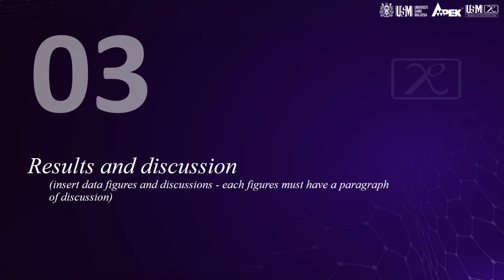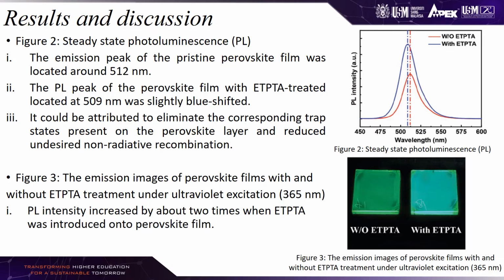Result and discussion for Journal 1. Figure 2 is a steady state photoluminescence, which we can simplify as PL. The emission peak of the pristine perovskite film was located around 512 nanometer, which is shown in the red line as shown with the pointer. The PL peak of the perovskite film treated with ETPTA is located at 509 nanometer, which was slightly blue shifted.